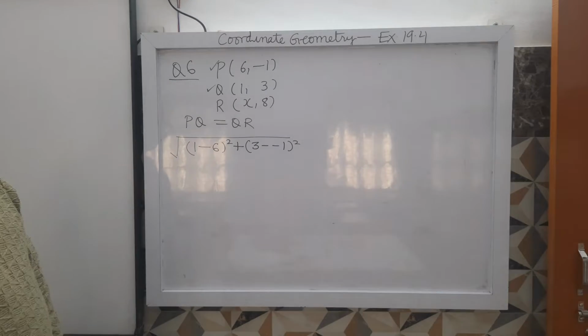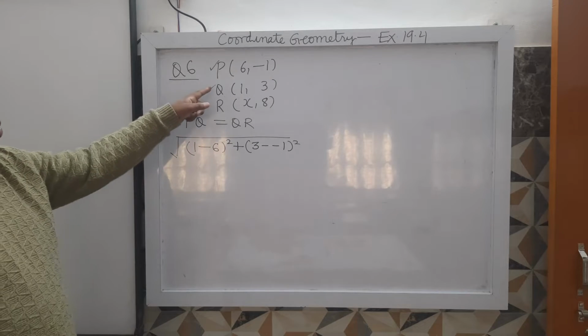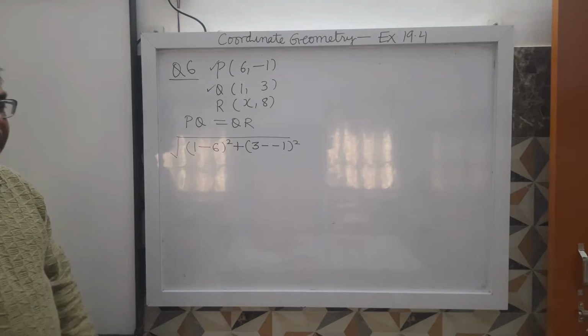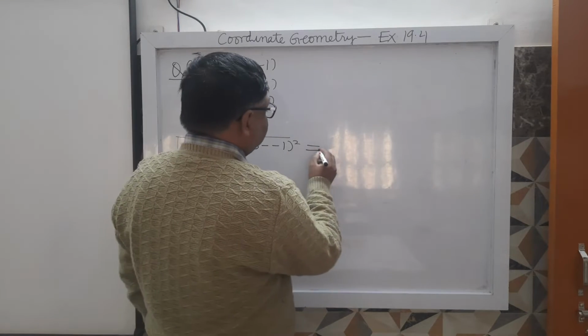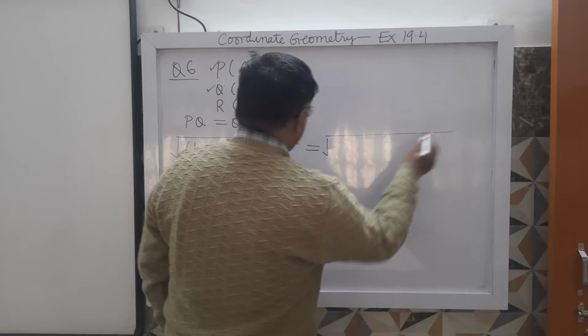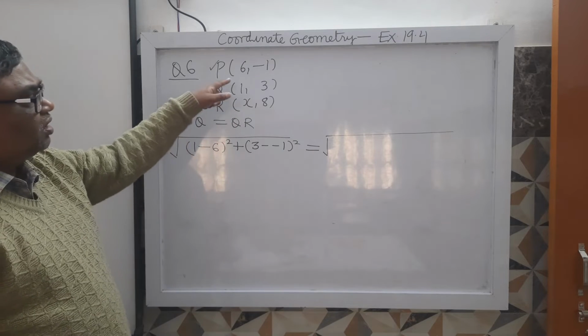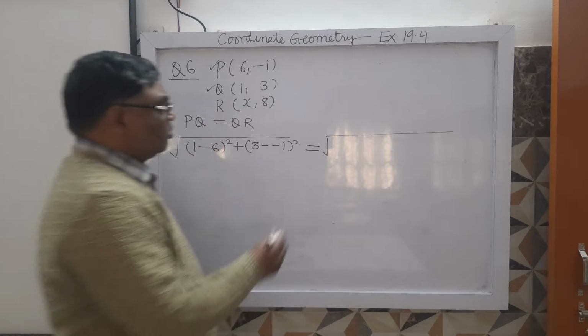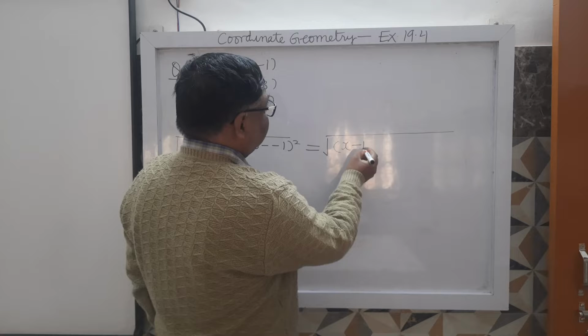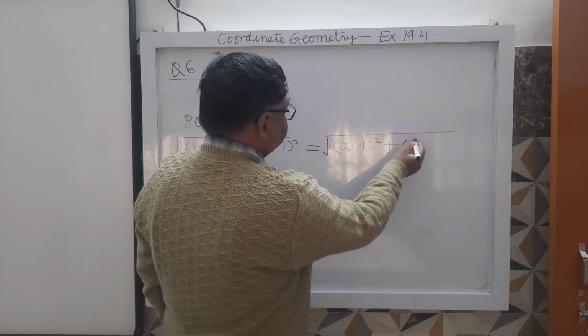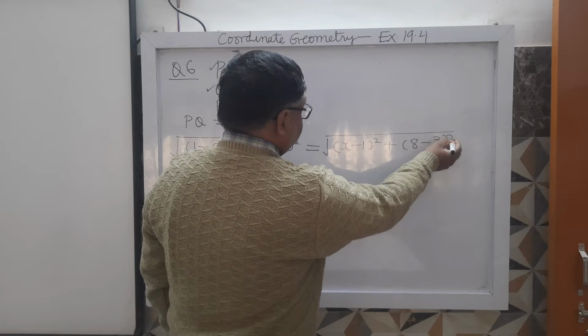Then what is QR? QR is the distance between Q and R. It will be equal to (x minus 1) whole square plus (8 minus 3) whole square.